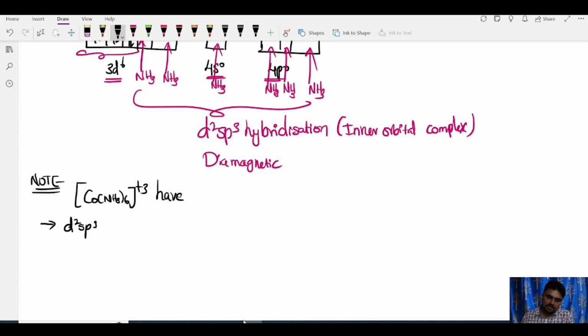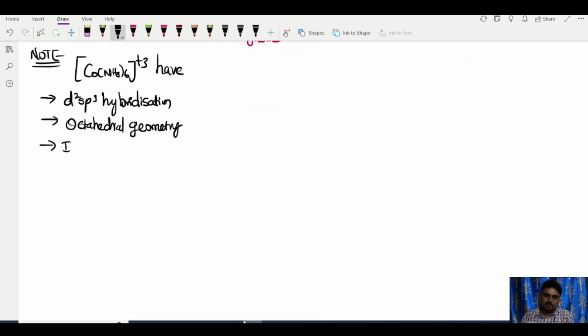It has d2sp3 hybridization, and it has octahedral geometry, and it is an inner orbital complex, and it is diamagnetic, and it is a low spin complex.